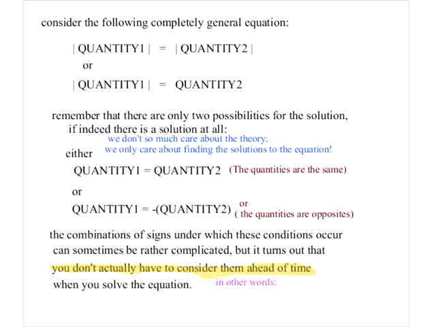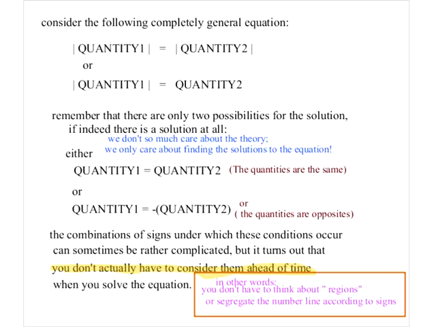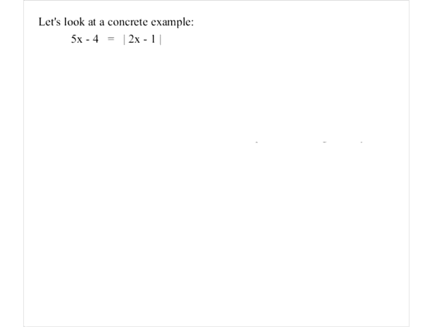In other words, you don't have to think about regions or segregate the number line according to signs. Fortunately, it's much simpler than that, and a lot of the posts on the forum that we've seen regarding this and a lot of the agonized queries that we've gotten for the study hall are based on approaches that are basically just overly complicated. So let's finally look at a concrete example.